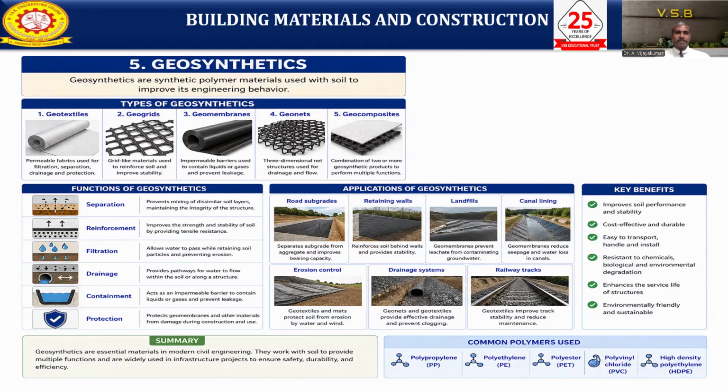There we can use geotextiles and mats to protect the soil from erosion by water as well as wind. For drainage systems, we can use geonets and geotextiles to provide effective drainage and prevent clogging. For railway tracks, geosynthetics provide track stability and reduce maintenance. What are the benefits of using geosynthetics? They improve soil performance and structural stability. They are cost effective and durable, easy to transport, handle and install. They are resistant to chemical and biological degradation and enhance the service life of the structure. They are environmentally friendly and sustainable.